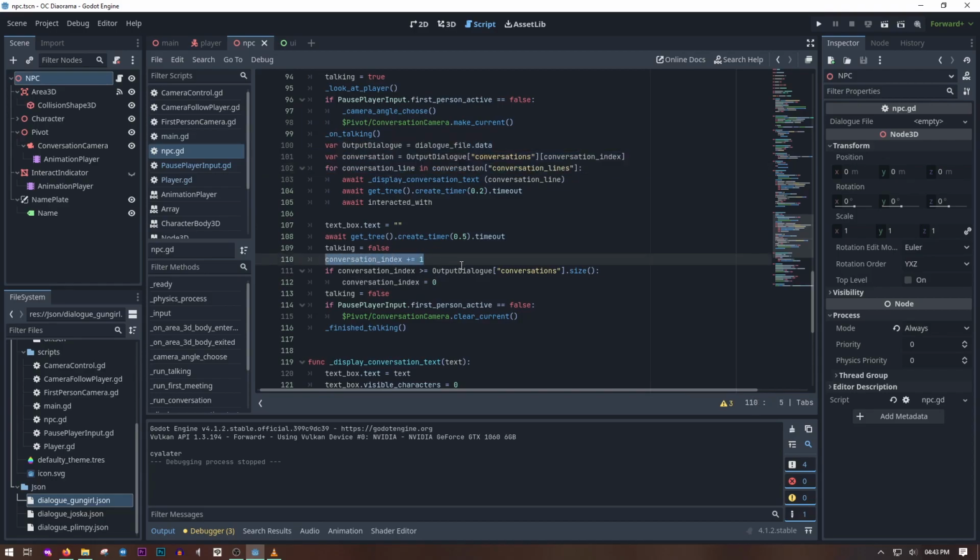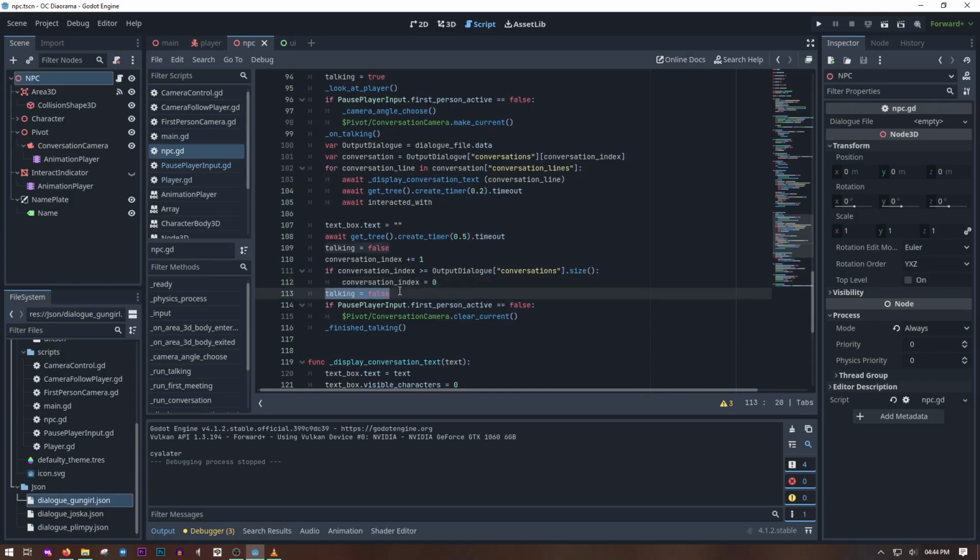After we finish talking, we increment it so that when you talk to them after that, they play the next thing in the array of conversations. And when the index is larger, we set it to 0 so it doesn't crash or look for an index that doesn't exist.